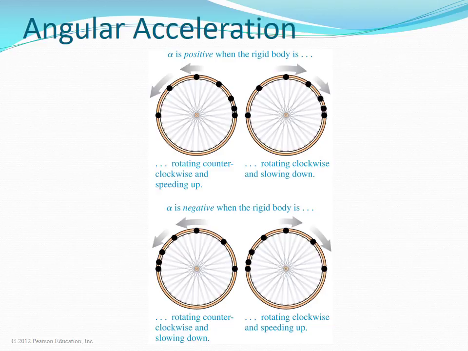The wheel is slowing down, so the angular acceleration is opposite the direction of motion and is again positive. In the lower left, the wheel is spinning counterclockwise and slowing down, so the angular acceleration is negative, opposite the direction of motion. In the lower right figure, the wheel is spinning clockwise and speeding up, and so has a negative angular acceleration.